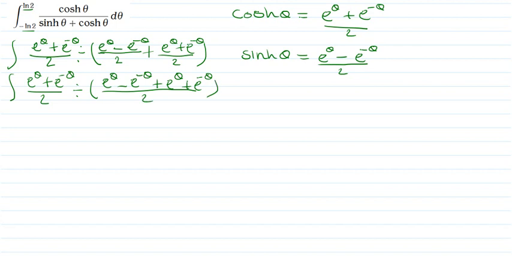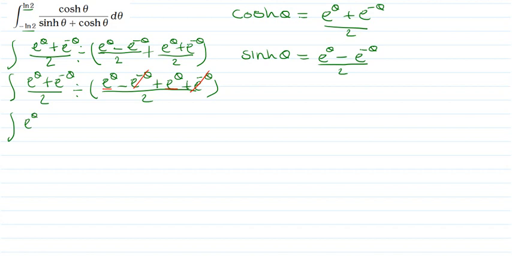So we'll see that we have e to the power negative theta, which is negative, and e to the power negative theta, which is positive. Then e to the power theta and e to the power theta, we can add them to have 2 e to the power theta.